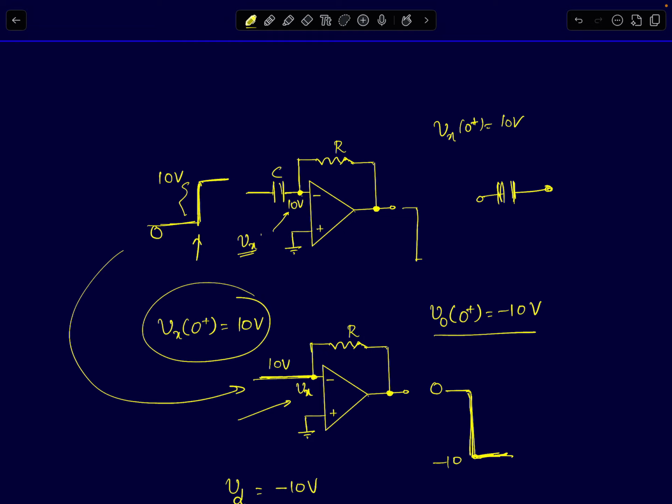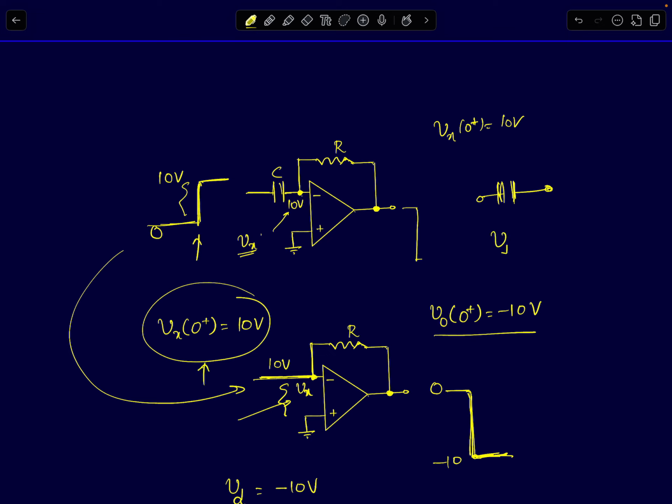There is no negative feedback. You can quickly see that the feedback factor is 0. Even though the op-amp has a high forward path gain, its feedback path is 0. So I can assume that the op-amp is not in negative feedback and treat it like an open loop circuit. So your Vx of 0 plus is 10 volts.